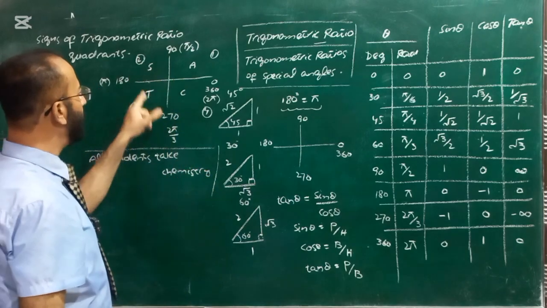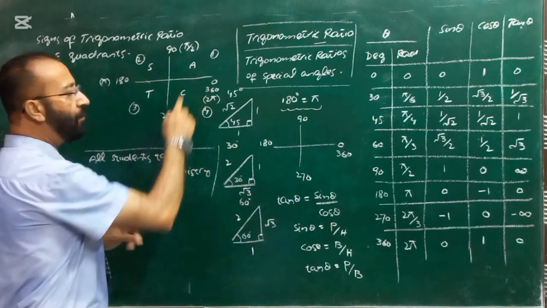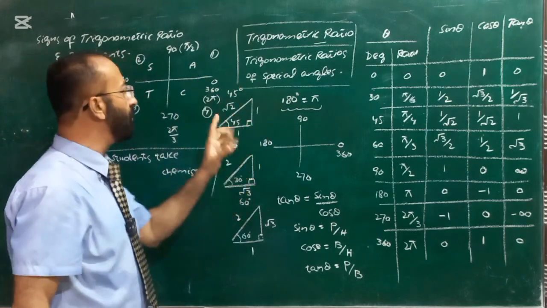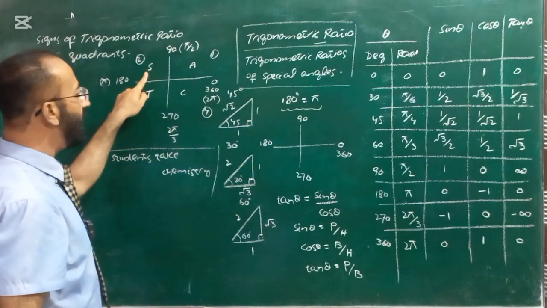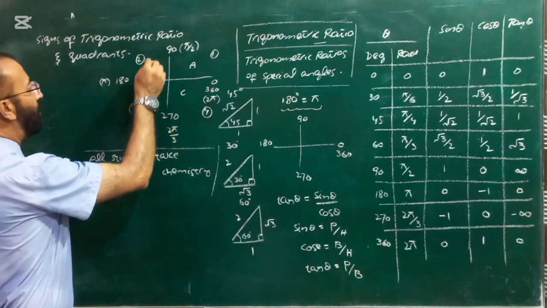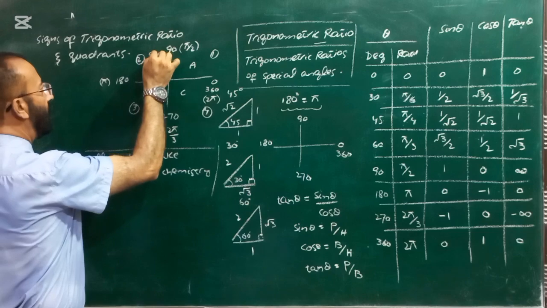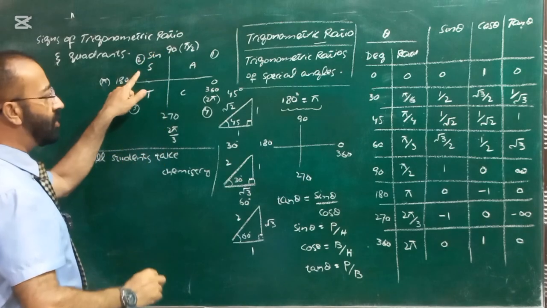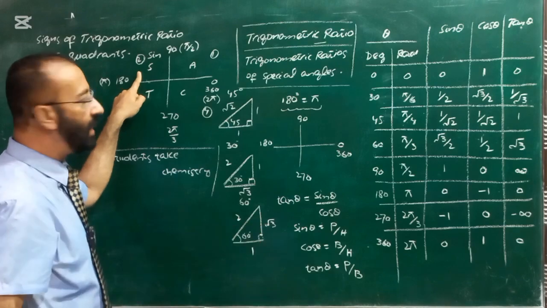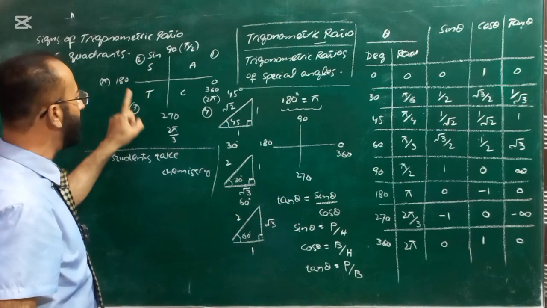So look now, all students take chemistry. A stands for all. So everything will be positive. All trigonometrical ratios will be positive in the first quadrant. S stands for sine. So sine will be positive in this quadrant. The rest of the trigonometrical ratios will be negative in second quadrant.